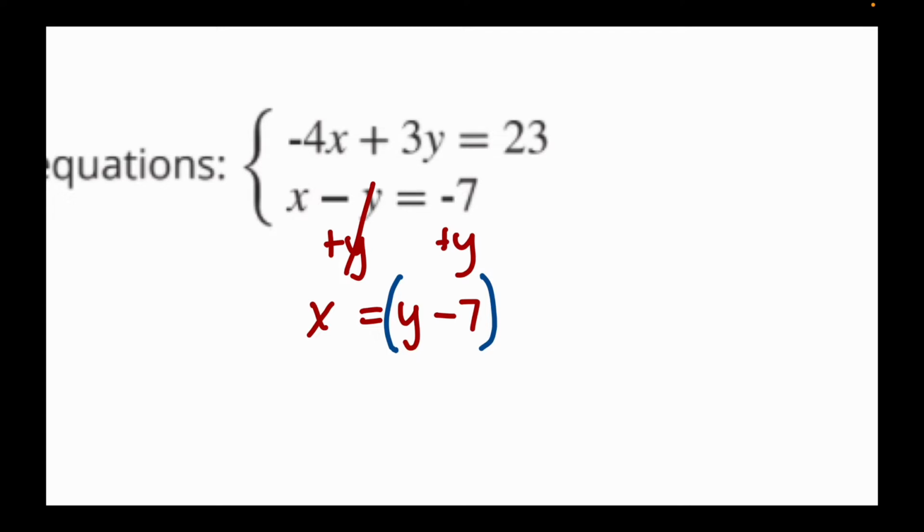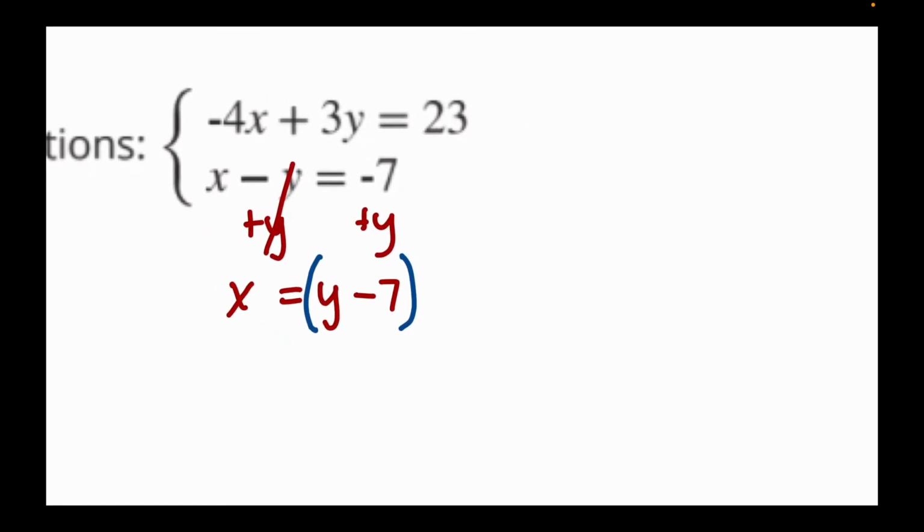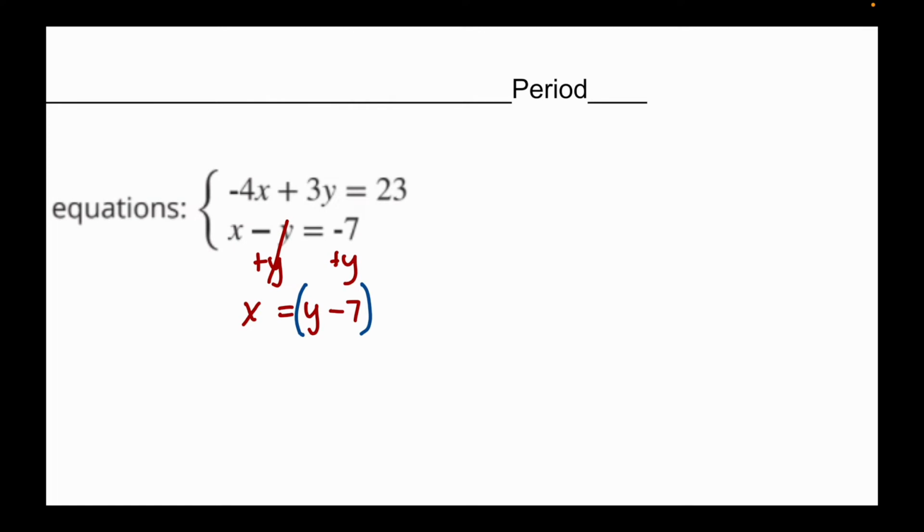So if we use that bottom equation to find our teacher and our sub, the top equation is going to be what class looks like that day. Class is going to look almost exactly the same, but instead of the teacher, we're going to have a sub. So I would say here, negative 4, because that's not the teacher, just x is the teacher, in my analogy here at least.